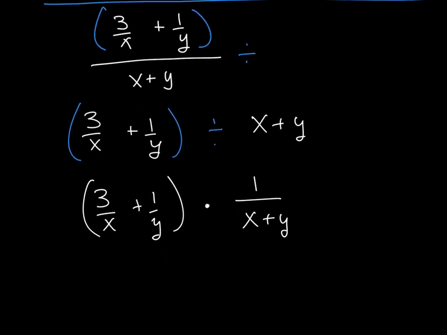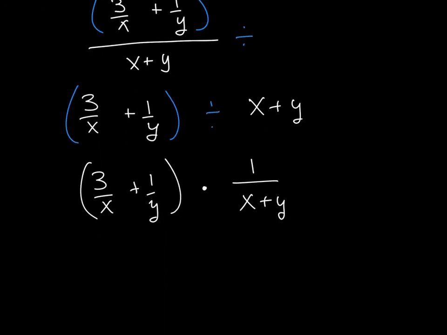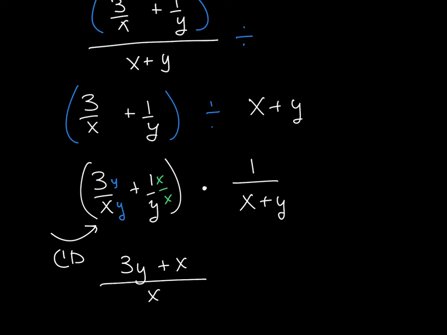Now, what you have to do next is find a common denominator. And that common denominator for both of them is xy. So I multiply the first term by y over y, the second term by x over x. And now I'm left with 3y plus x over xy.